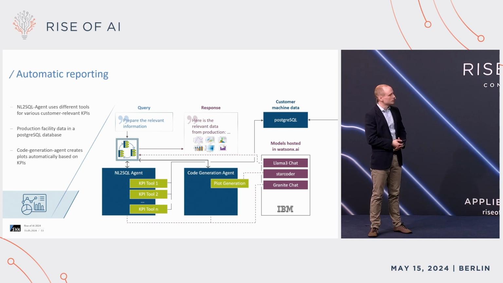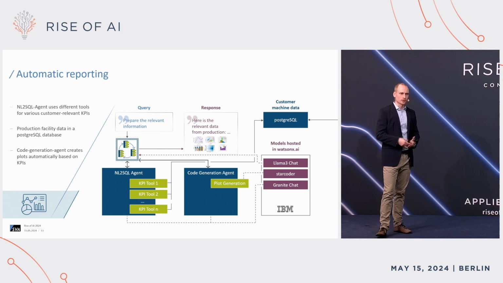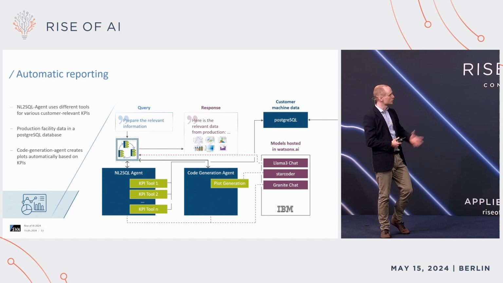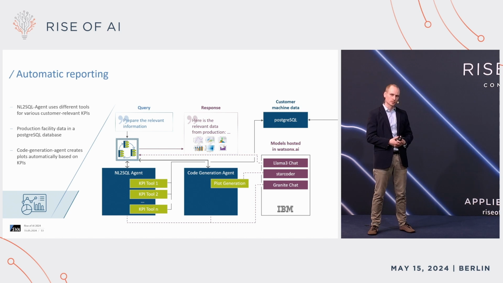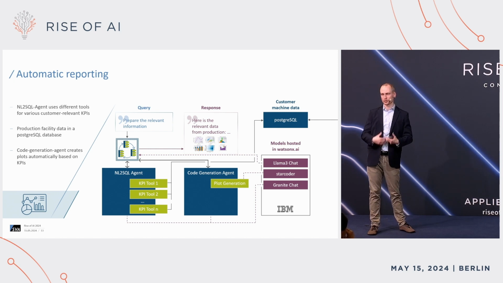The first one is getting the right KPI, so it's accessing our database in the top right to find the right KPIs, use them, store them, calculate them, and these are then used in another agent, the code generation agent, which is using StarCoder, for example. It's an LLM focusing on code generation.